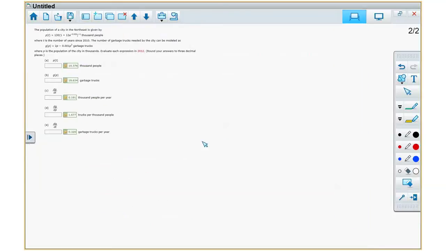Now to overcome that, rewrite it. Let's just rewrite it and say P of T is equal to 10 times 1 plus 12 e to the second power, raised to the fourth power.